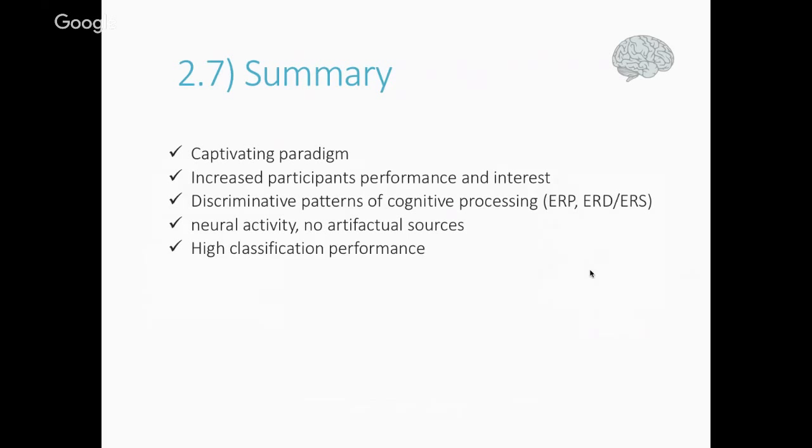And the discriminative patterns of cognitive processing showed highly discriminative information in both amplitude and spectral aspects, which, considering this double integration, gave us high performance for the classification. And also the components seem to have no intrusion of artifacts, which is of interest to be considered further.